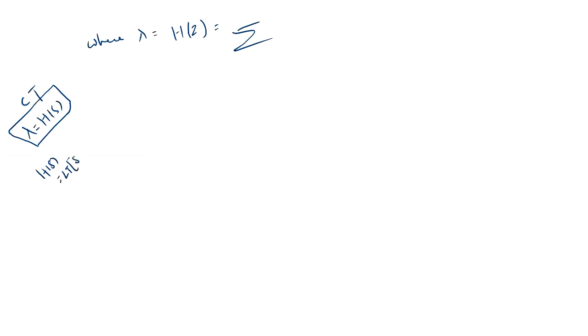Before that, what is lambda? Lambda is H(z). In our continuous time LTI system, if you remember, we had lambda equal to H(s), which is just the Laplace transform of h(t).